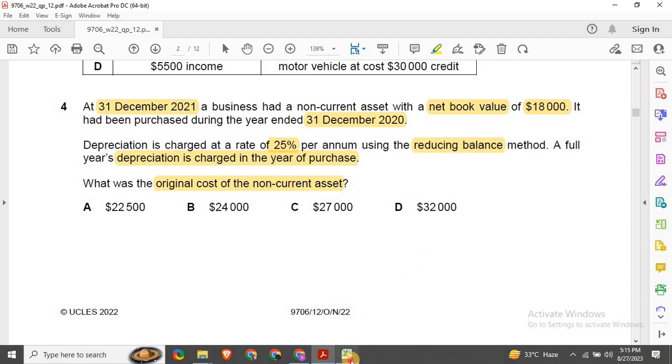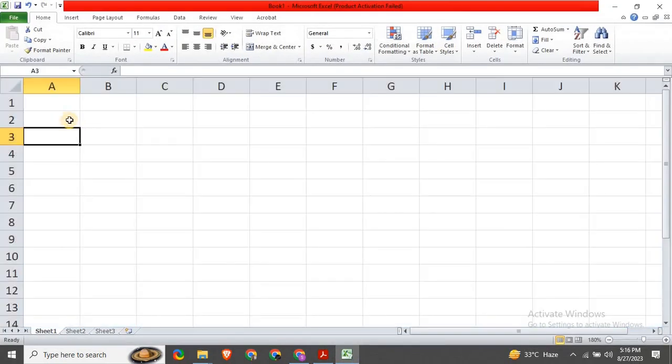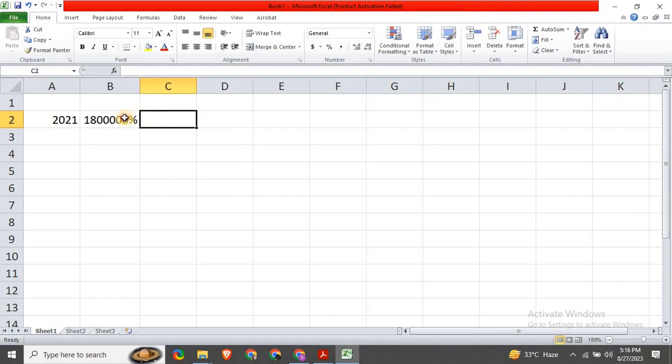Okay, so in 2021, after subtracting depreciation, the value is 18,000, and the rate of depreciation is 25%.